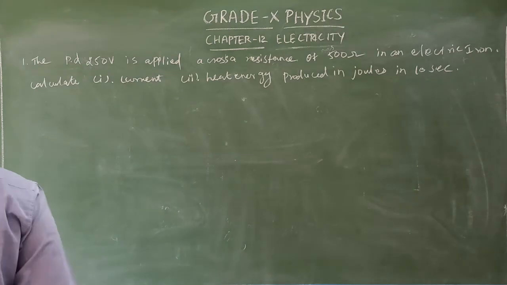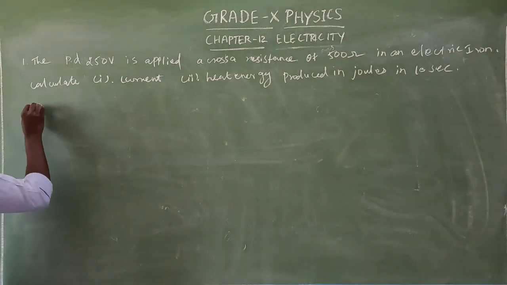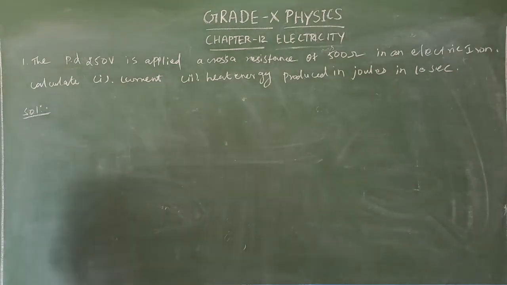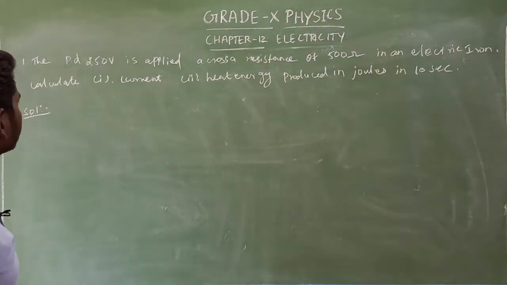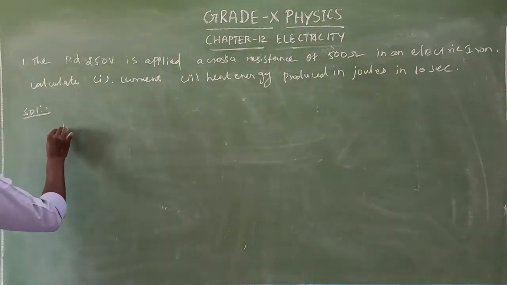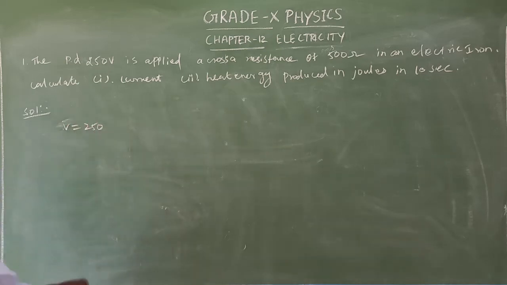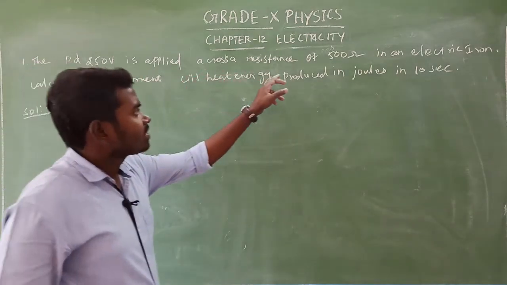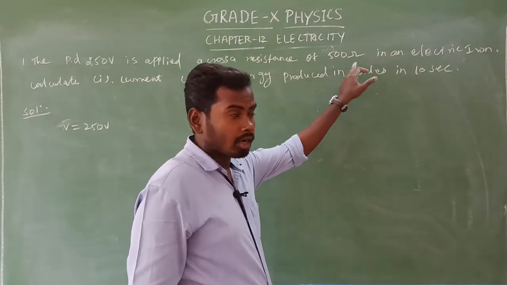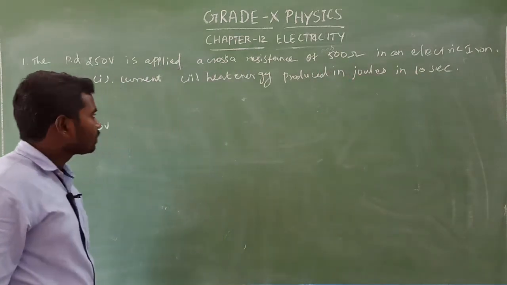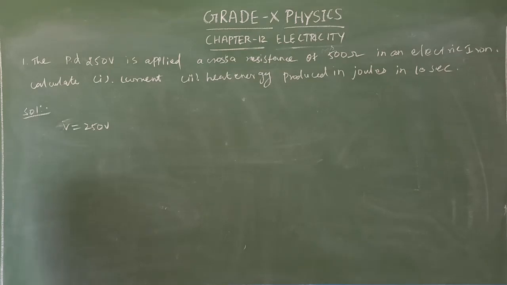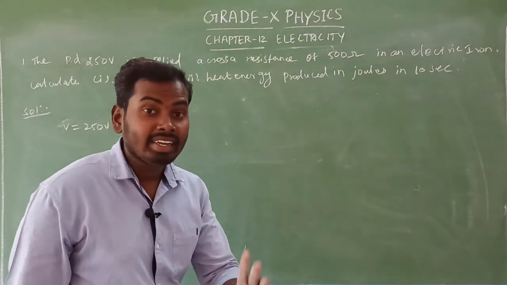Listen here. This is how the questions will come. The question is: the potential difference of 250 volt is applied across the resistance of 500 ohm in an electric iron. Calculate the current and heat energy produced in joules in 10 seconds.